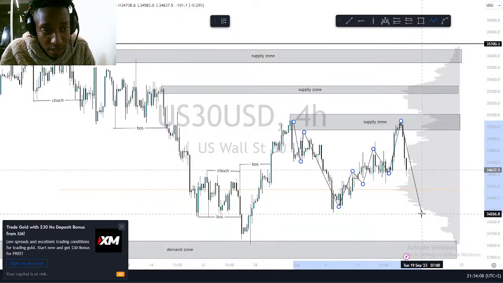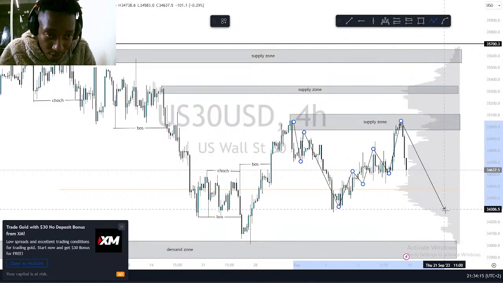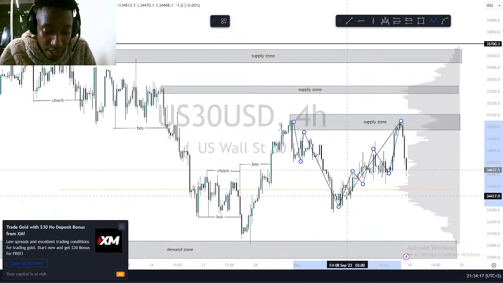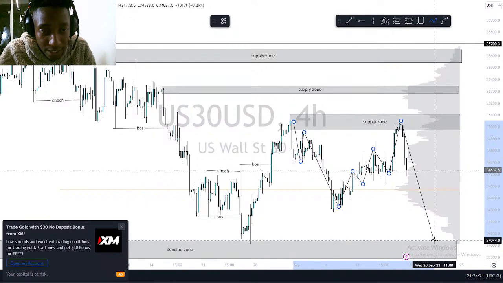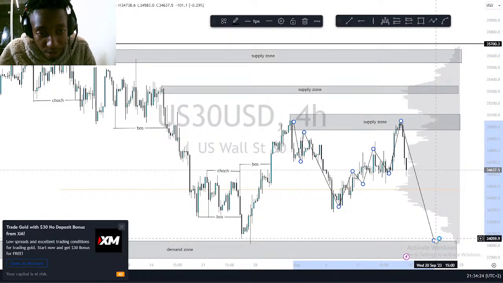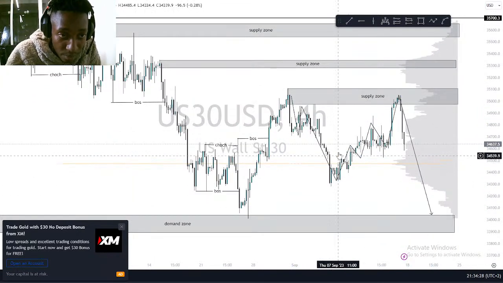So at some point we are expecting the market to drop until it takes out this liquidity that's resting below here, because we have liquidity being created there, and then our target is going to be this demand zone there.